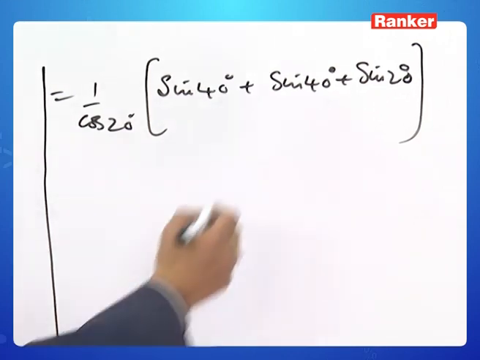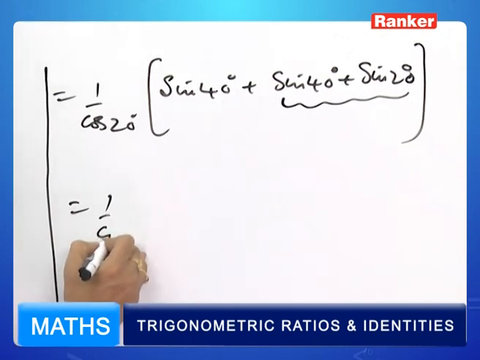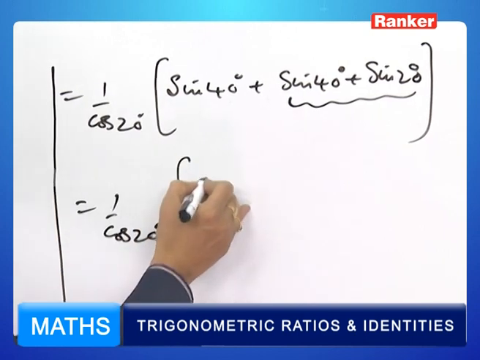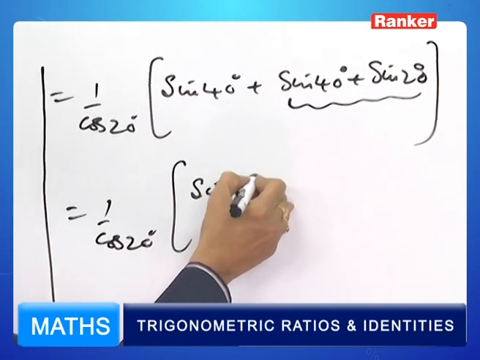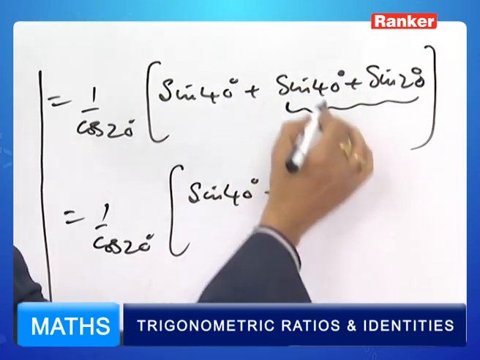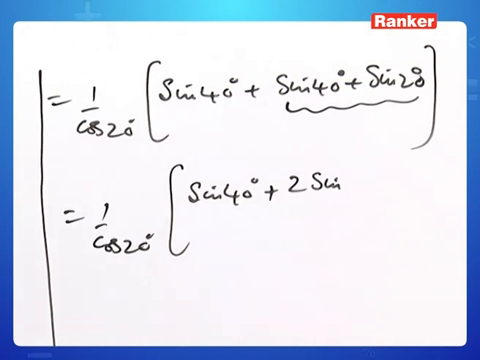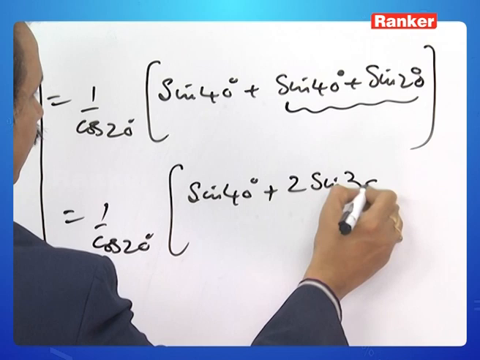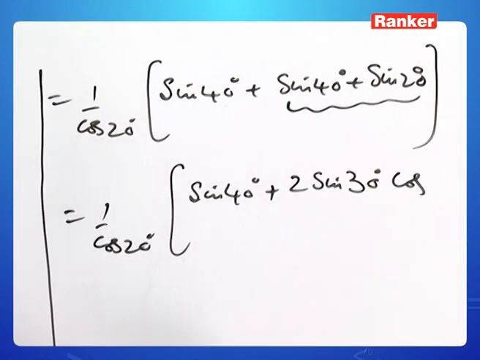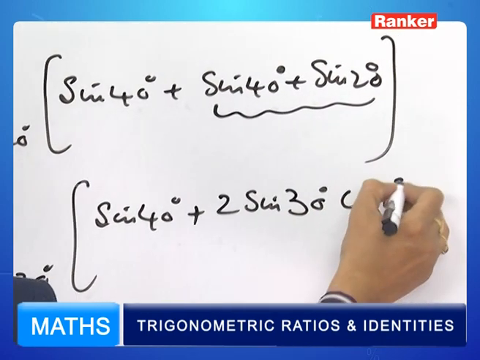Now you can use the sin C plus sin D transformation formula. What is sin C plus sin D? 2 sin (C plus D) by 2 cos (C minus D) by 2, isn't it? So it is 1 by cos 20 degrees into sin 40 degrees plus 2 sin (C plus D) by 2, 40 plus 20 is 60, 60 by 2 is 30, into cos (C minus D) by 2, 40 minus 20 by 2, that is 10 degrees.